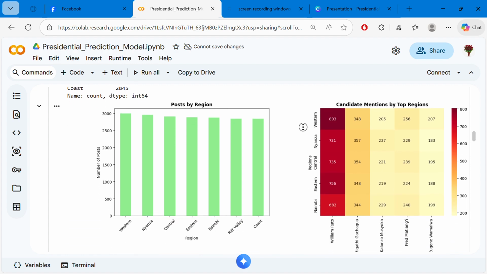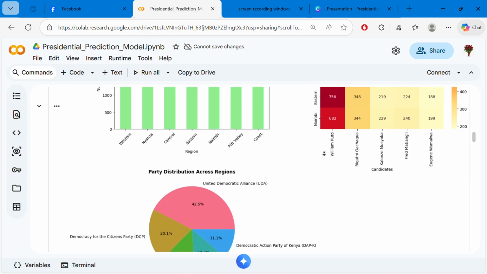For candidate mentions, William Ruto had 803 in Western, 731 in Nyanza, 735 in Central, 756 in Eastern, and 682 in Nairobi. Those are the counts for every political leader in every region we defined.